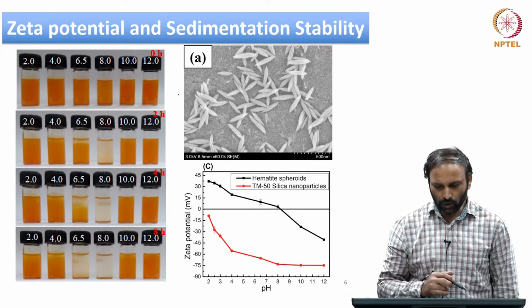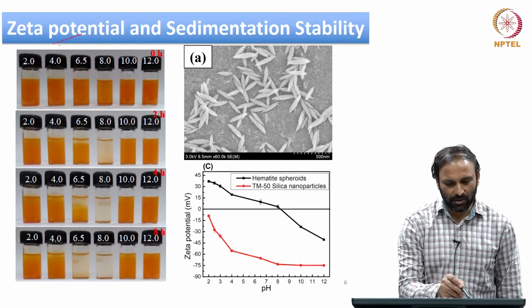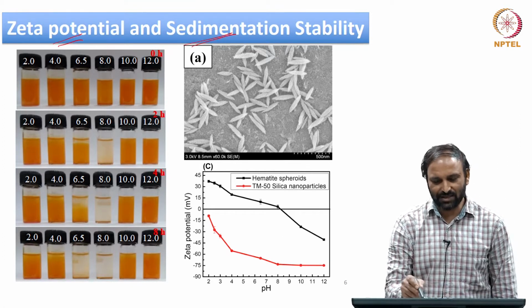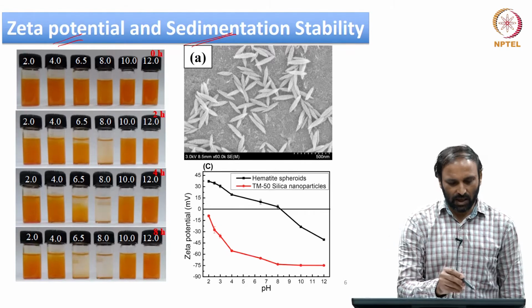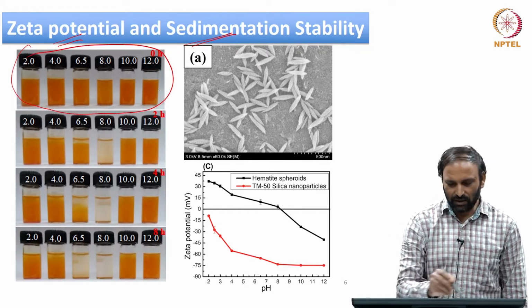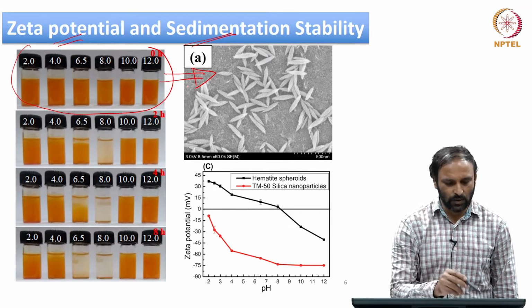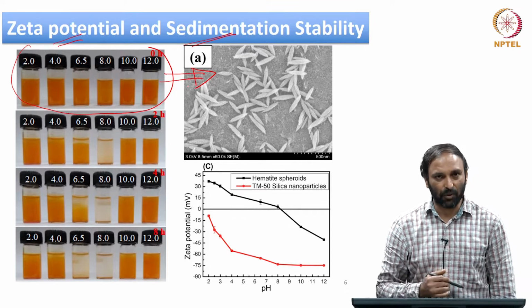So, what you are looking at is connecting zeta potential measurements to sedimentation stability. These are images of vials which contain hematite particles. These are iron oxide particles, and that is why the dispersion appears reddish brown in color.